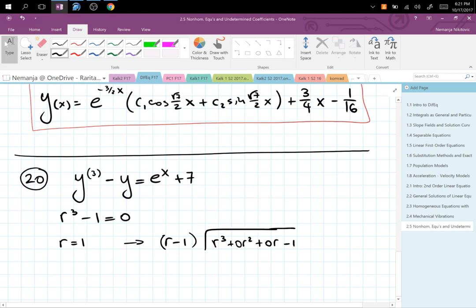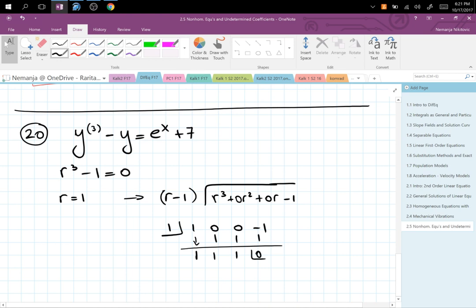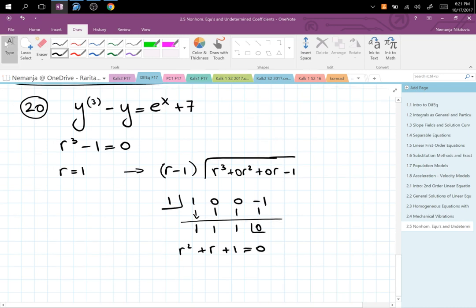We will use synthetic division, so 1, and the coefficients are 1, 0, 0, negative 1. So drop 1 down, multiply, add, and then multiply, add. So we are obtaining the equation r squared plus r plus 1 equal to 0.